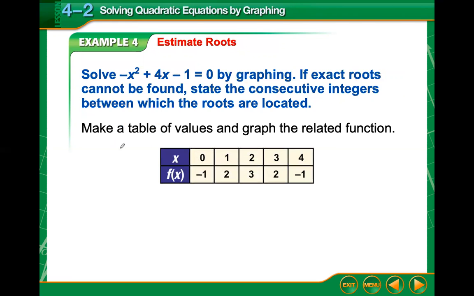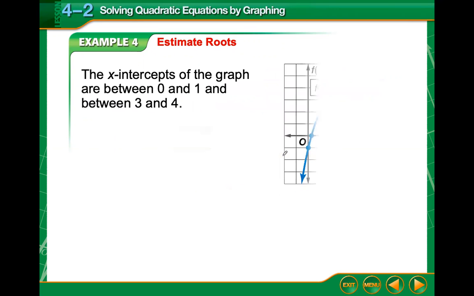So we're going to go ahead and graph, and here we can see that we have a change in our y values and the signs. What we're looking for here is the change in sign. This went negative to positive, and here we went positive to negative. My answer is going to be between 0 and 1, and between 3 and 4.